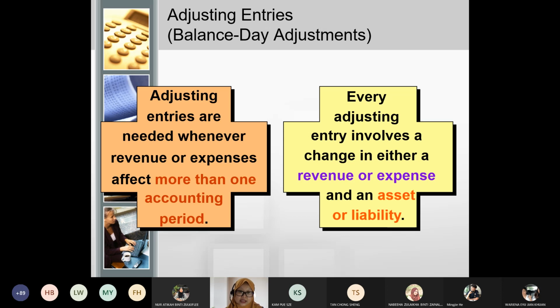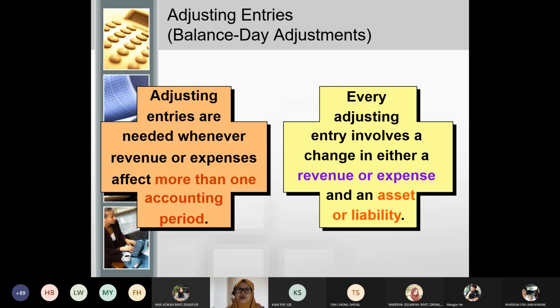All these adjusting entries will involve revenue and expenses, and also assets and liabilities. When we have prepaid expenses, because we paid earlier, that is considered an asset. If we have accrued expenses, because the expenses have not been paid yet, we have the obligation to pay in the future. So the accrued expenses will be a liability.